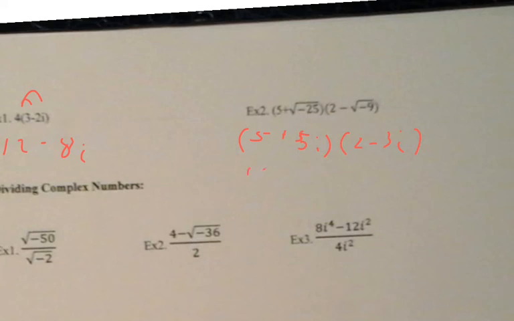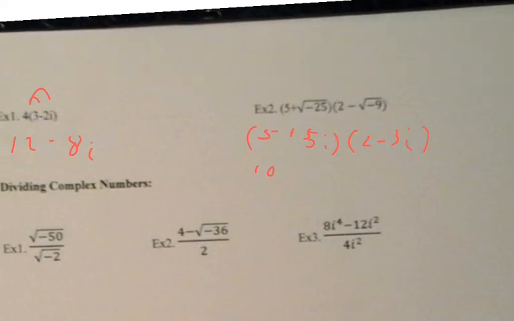You get 10 minus 15i plus 10i minus 15i squared.